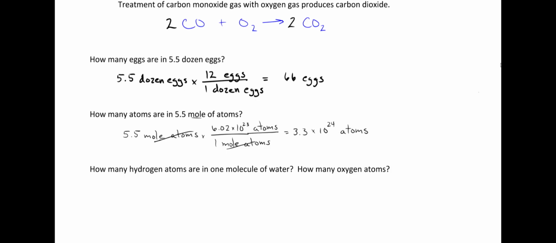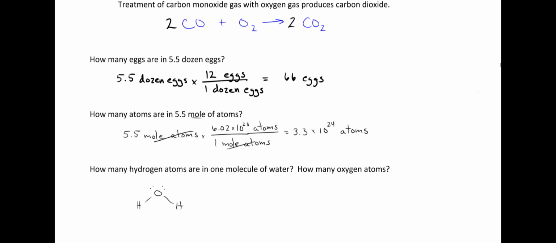How many hydrogen atoms are in 1 molecule of water? How many oxygen atoms? Well, if we're talking about a water molecule, we've already drawn the Lewis structure for these. So let's use that as our starting point.